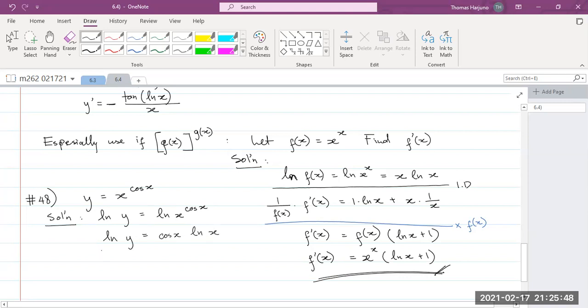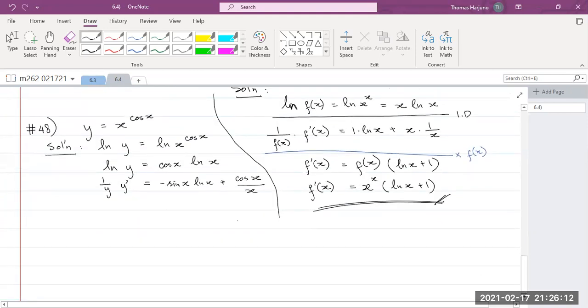Now from here, you do implicit differentiation. Notice that it is now doable on the right hand side. It's negative sine x times ln x plus cosine x over x. So y prime is now equal to y times cosine x over x minus sine x ln x.